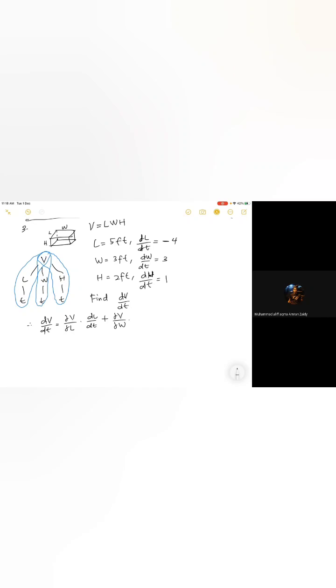so this is what I'm talking about. The formula is different according to your variable lah. Okay, sometimes it is 2, sometimes it is 3. Okay, it depends on how many variables associate with your function.